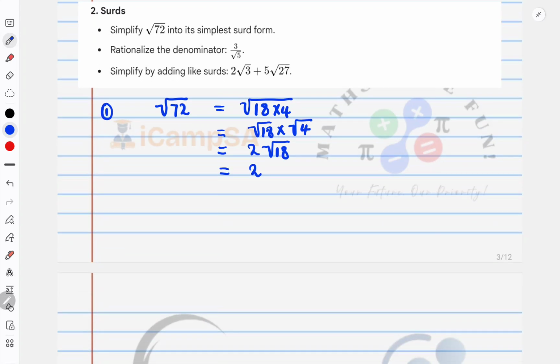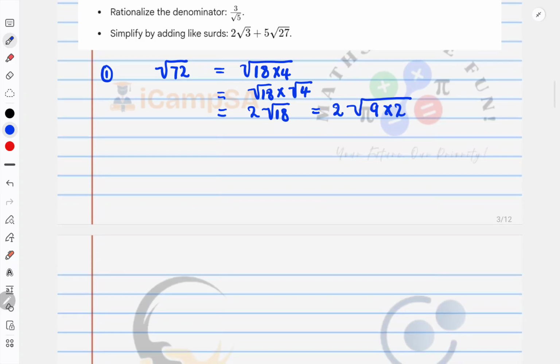We have 2 roots of 9 times 2, and this is equal to 2 times root of 9 times square root of 2.